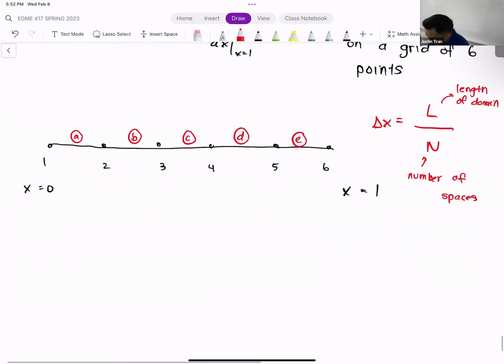For this problem, the length of our domain is 1 minus 0, which is equal to 1, and the number of spaces here is 5. So we have 1 divided by 5, which tells us our grid spacing is 0.2.